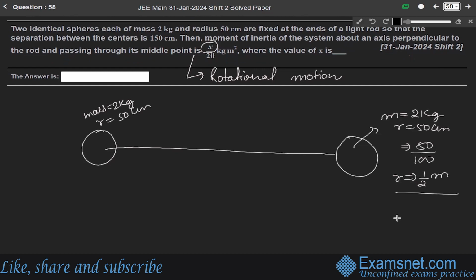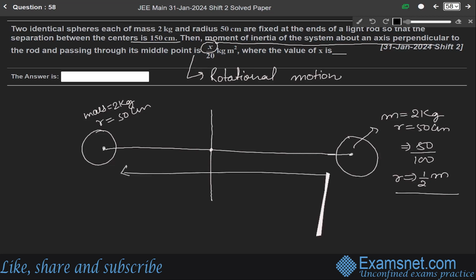Now we have to find the moment of inertia of the system about an axis that is perpendicular to the rod and passing through the middle. And the separation between the centers is 150, meaning the separation between the centers is given as what?